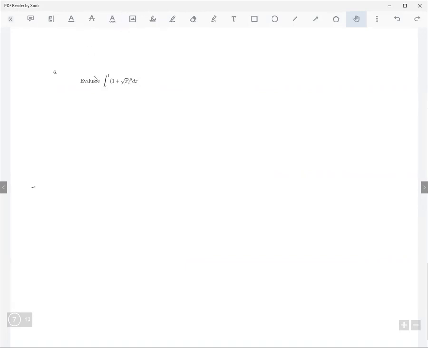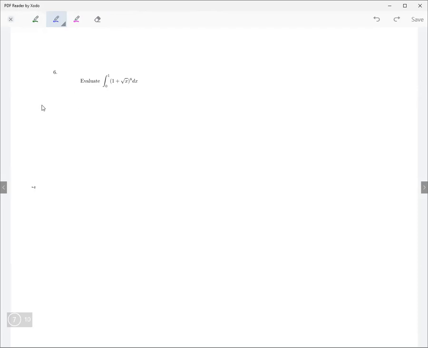But there's nothing like that outside here. So you can't just make a U-substitution here and then do it. There's no clear way of doing that. This one is kind of hard to see intuitively how you work it.